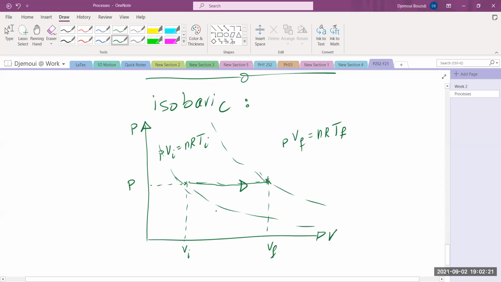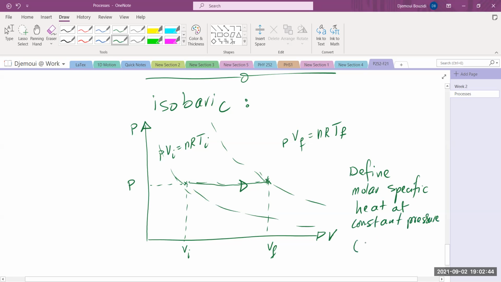Okay. We are going to define the molar specific heat at constant pressure so that Q is equal to nCP delta T. Because I can find what the T final is.